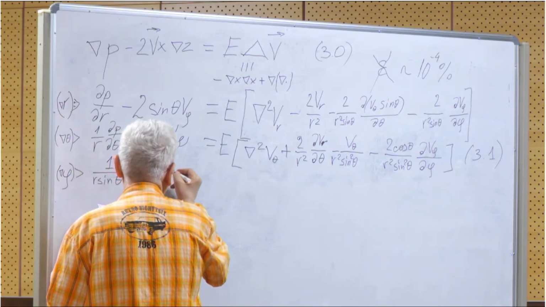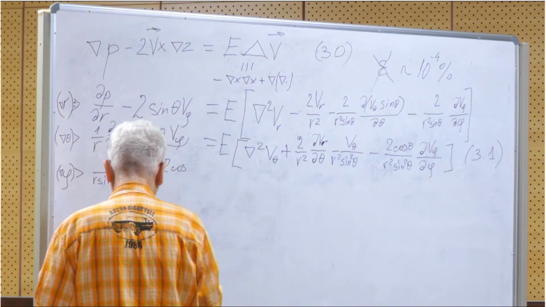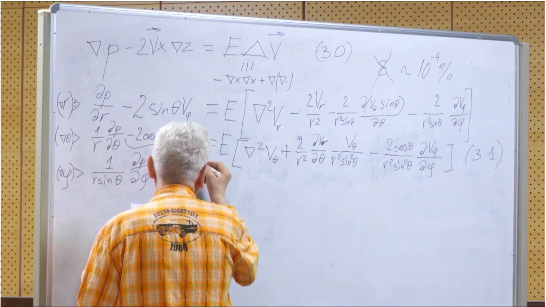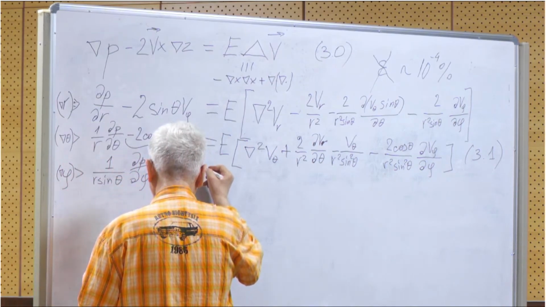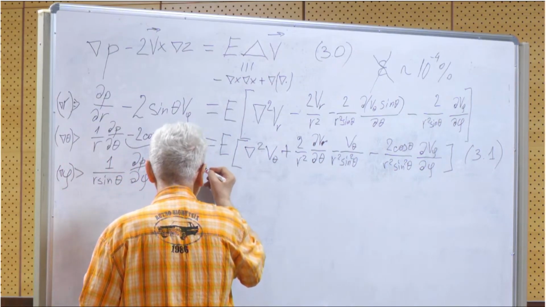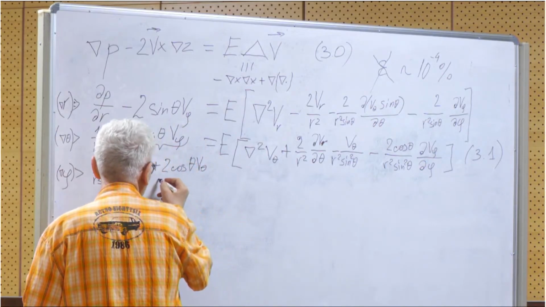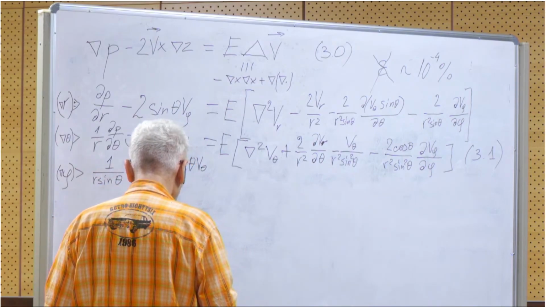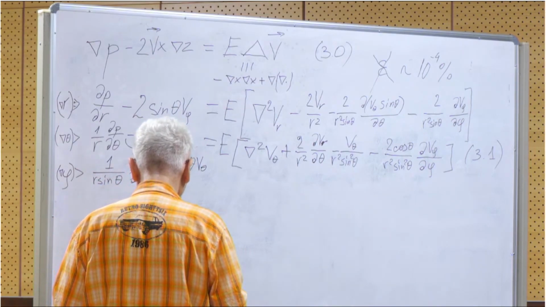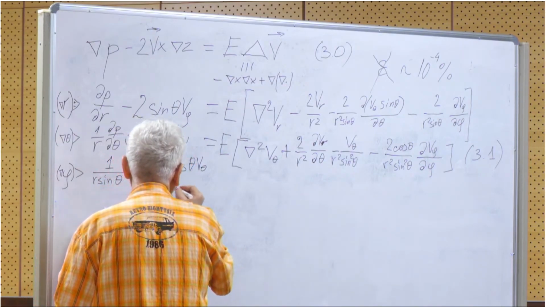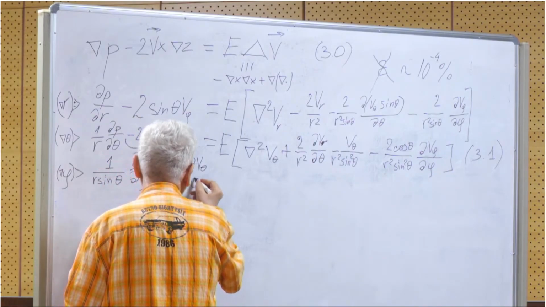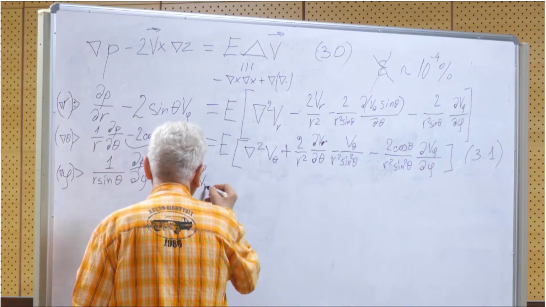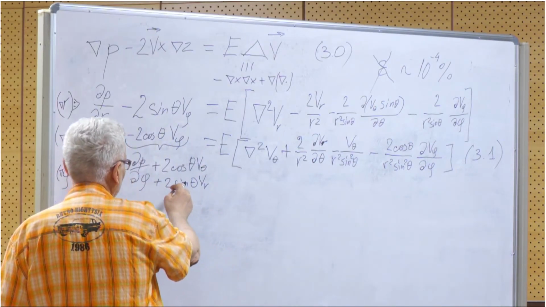So we have 2 cosine theta v theta, and I just write here to fit it in this place. Then plus 2 sine theta v r, where again we see this cross rule here.